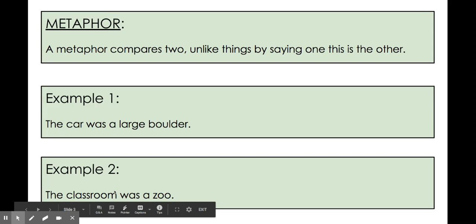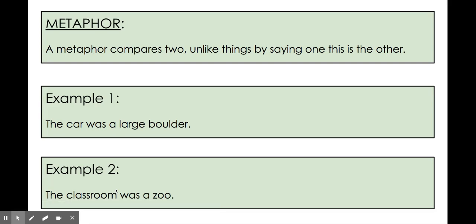We know that a classroom does not have many animals in it like a zoo, but if we are saying the classroom was a zoo, that means maybe it is a little loud. It can get a little crazy. Maybe some of the children or students are acting like animals. And that's why they're comparing it to a zoo.